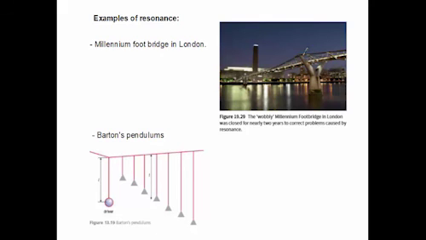The bridge was vibrating with its maximum amplitude because its natural frequency was equal to the driving frequency, the external frequency. So it started moving or vibrating with maximum amplitude because of resonance.